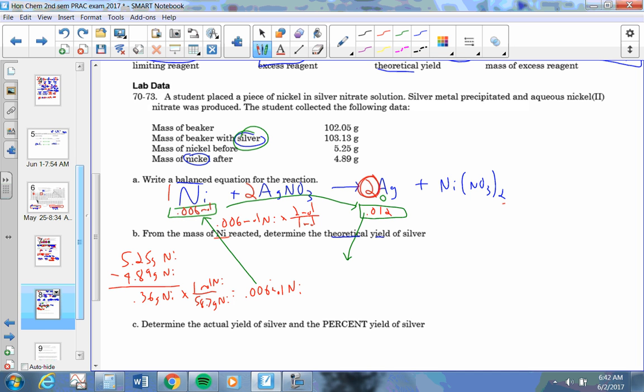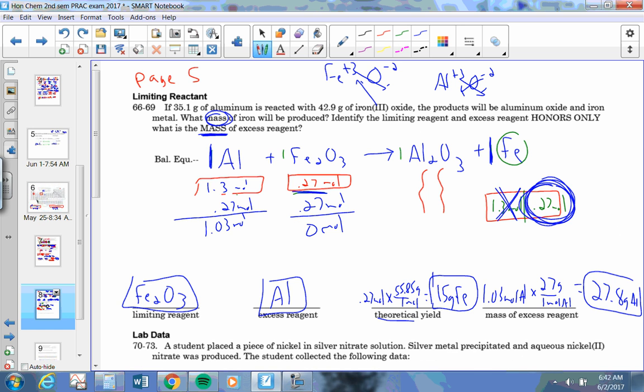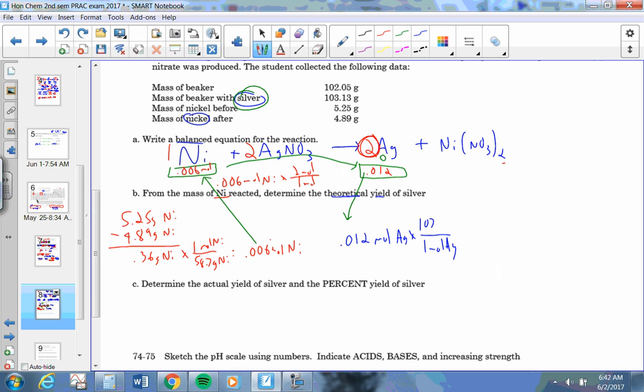The theoretical yield should be in grams. 0.012 moles of Ag, silver, and 1 mole of silver is 107.87 grams of silver. And I should get, multiplying that out, 1.32 grams of silver. That is theoretically the maximum that we can get based on how much disappeared.